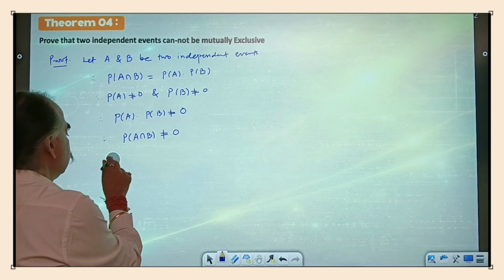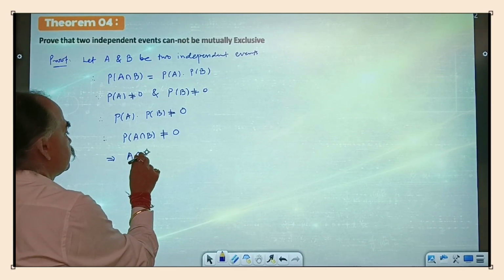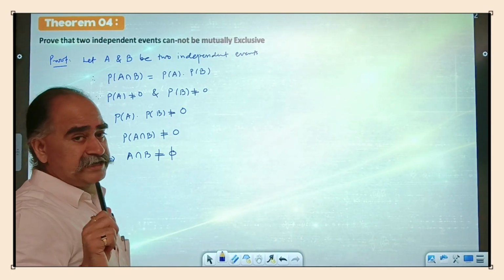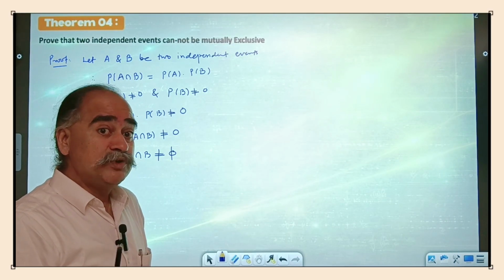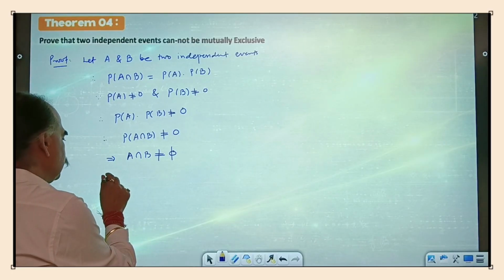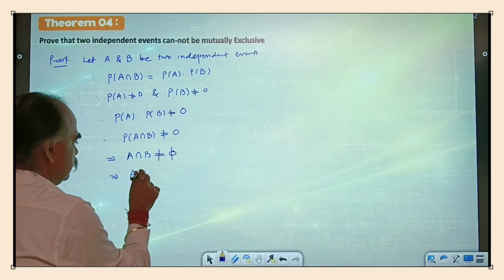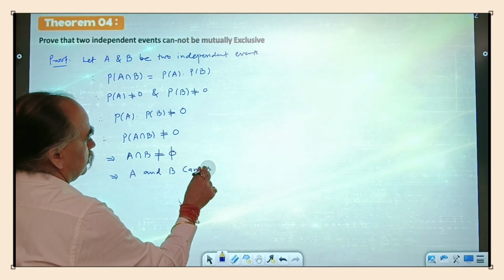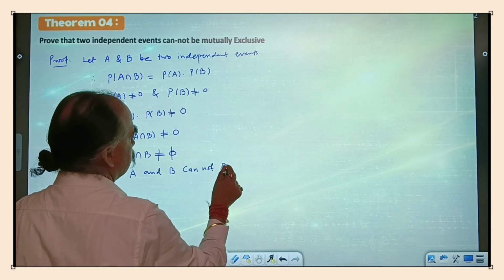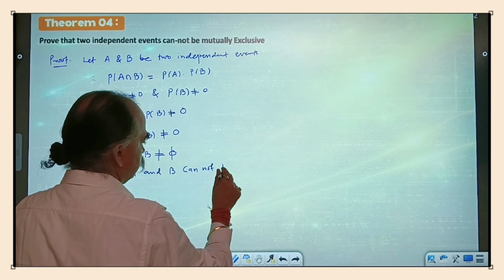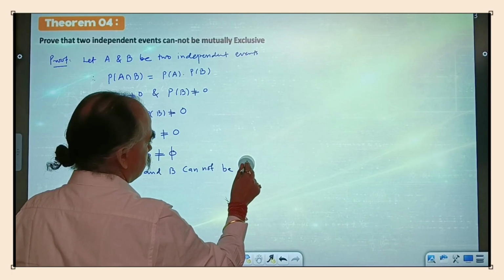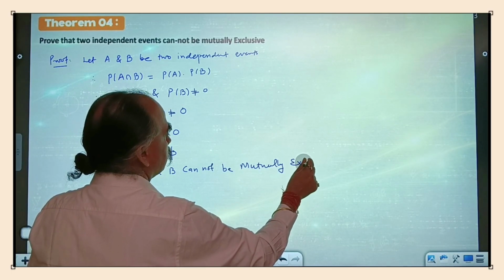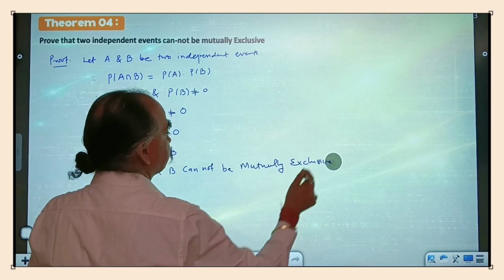This implies A intersection B cannot be empty. If A intersection B is empty, then A and B are mutually exclusive. So A and B cannot be mutually exclusive.